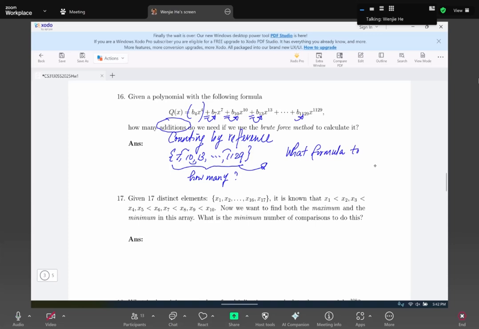To cover all the subscripts. Right? You need to find that formula.